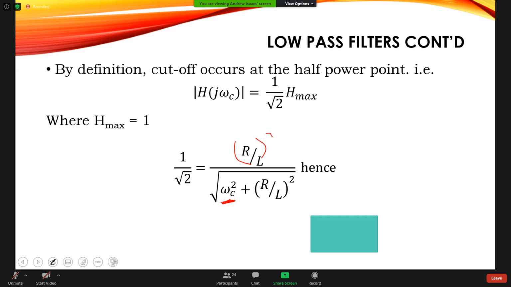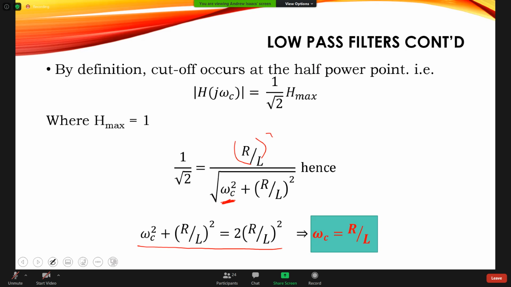So if I square both sides and simplify, I get this expression. That is, r over L all squared is equal to omega squared plus r over L squared. I bring this over, and I get omega c to be equal to r over L.